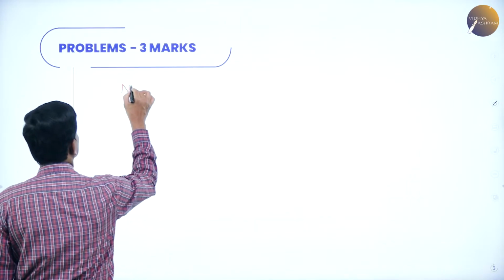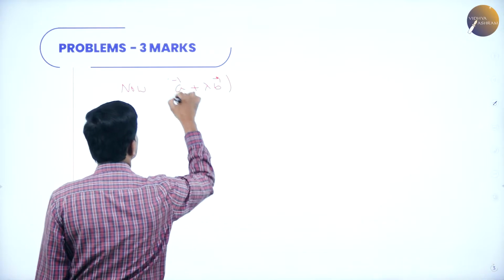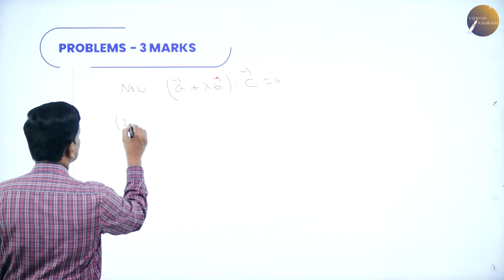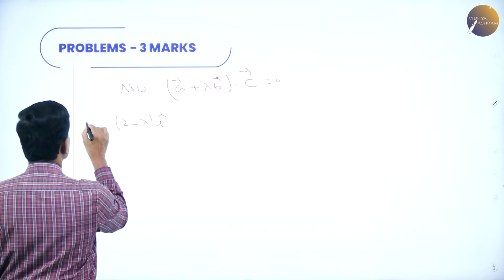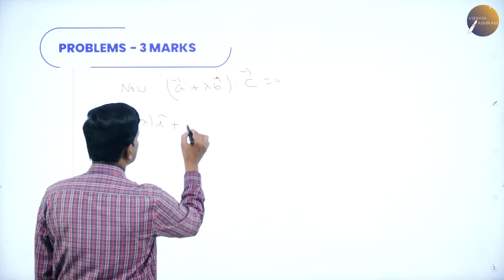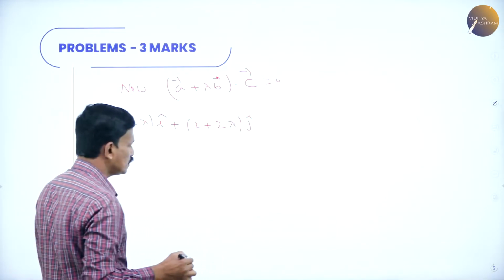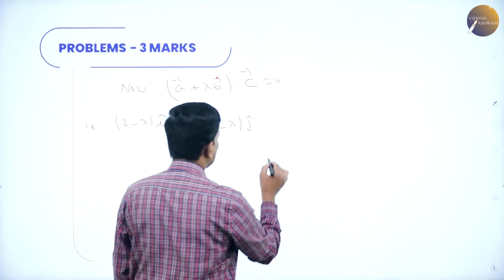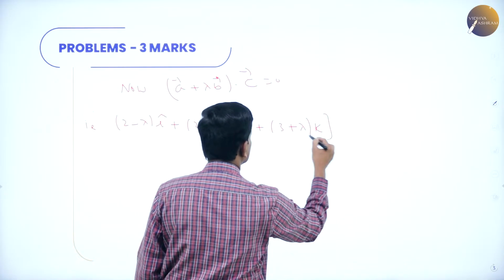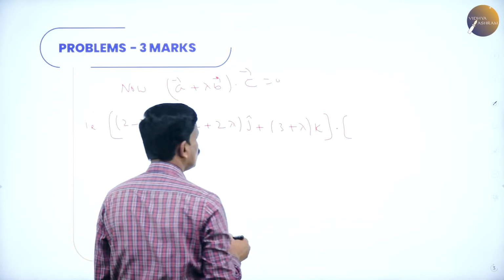Now A plus lambda B dot C is equal to 0. That is 2 minus lambda into i, plus 2 plus 2 lambda into j, then plus 3 plus lambda into k, dot vector C. What is vector C?